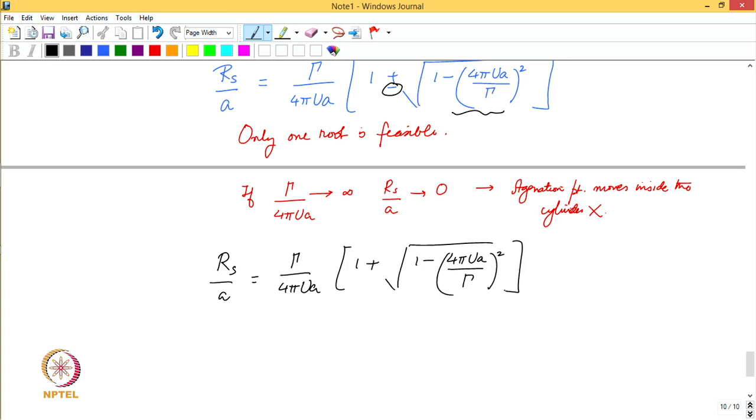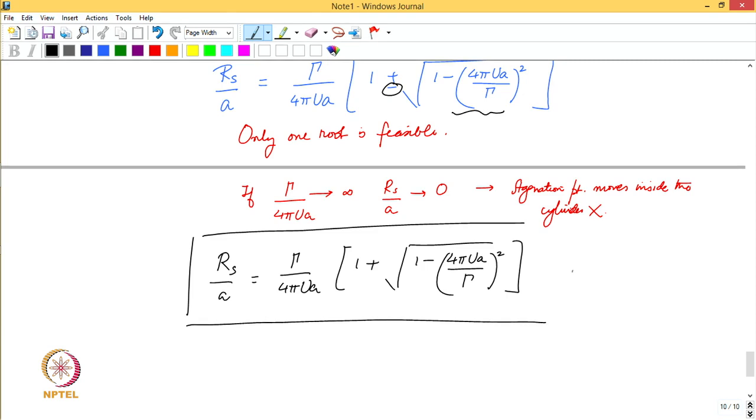That is the only feasible solution. So, the coordinates of our stagnation point are Rs given by this equation and theta s to be 3 pi by 2. That is where the new stagnation point would be located.